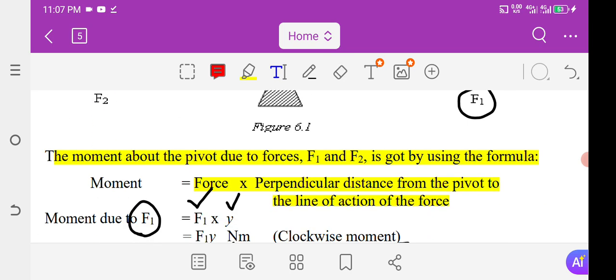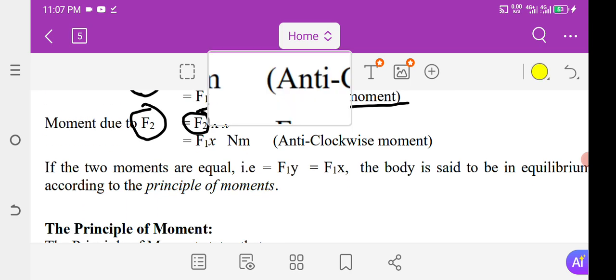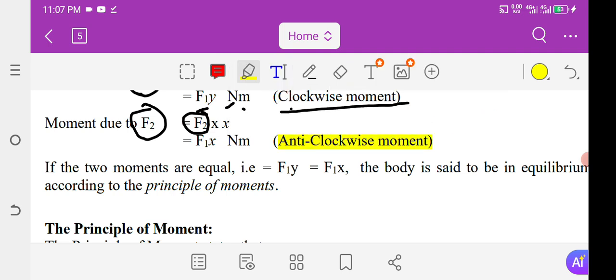It will give us moment in the anti-clockwise direction. So if the two moments are equal, then F1 times y is equal to F2 times x. Then the body is said to be in an equilibrium state.